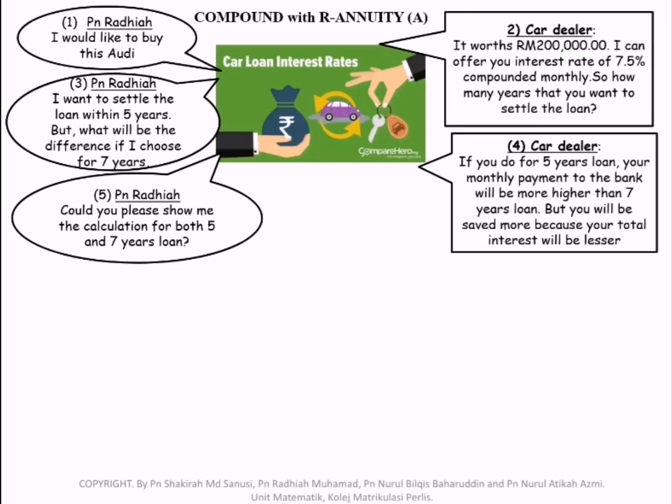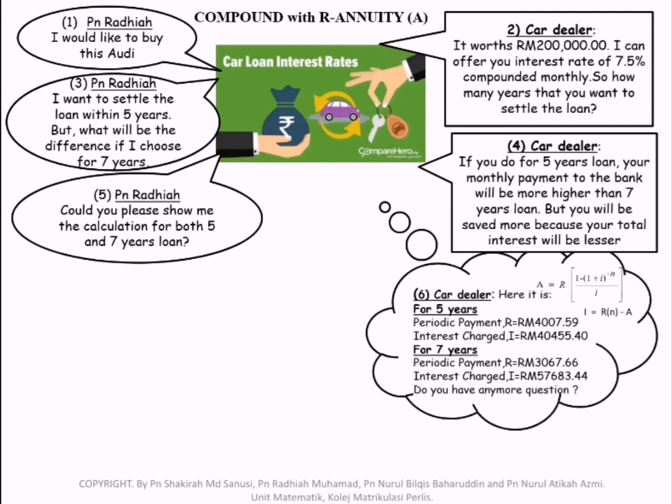Oh, could you please show me the calculation for both the 5 and 7 year loans? We will be using the formula A. So for the 5 years, the periodic payment capital R is equal to RM 4,007 and 59 cents. Your interest charge capital I is equal to 40,455 and 40 cents.